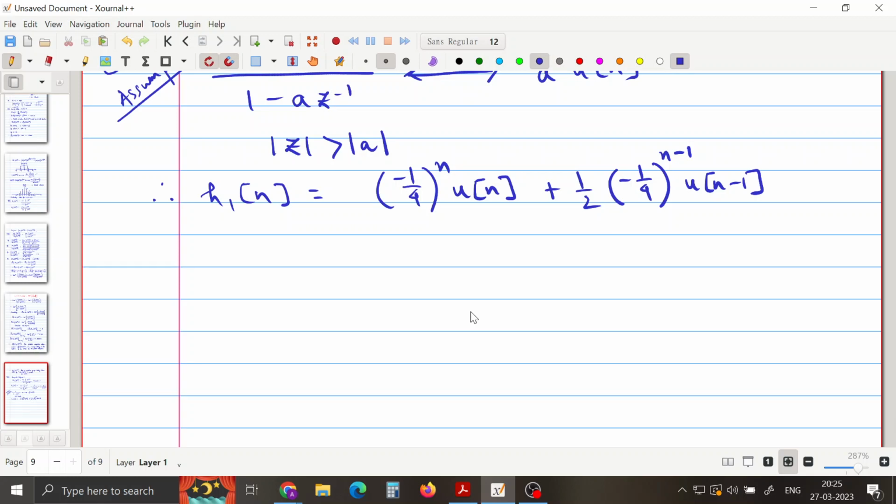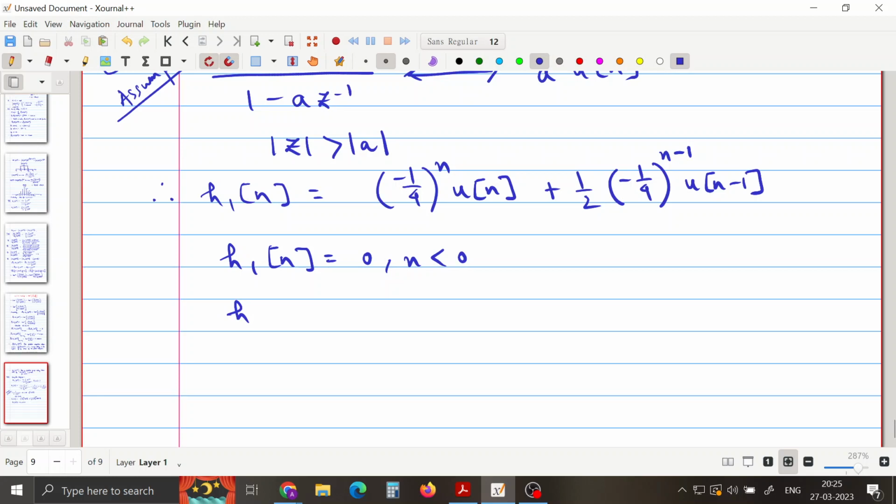And now if you have to sketch this, it is clearly a right sided sequence. So h1 of n, if you observe, is always 0 whenever n is less than 0, because the unit step functions will be 0 for those values.